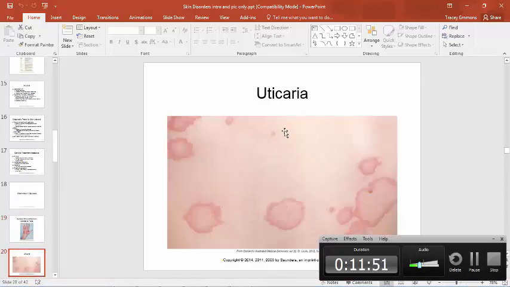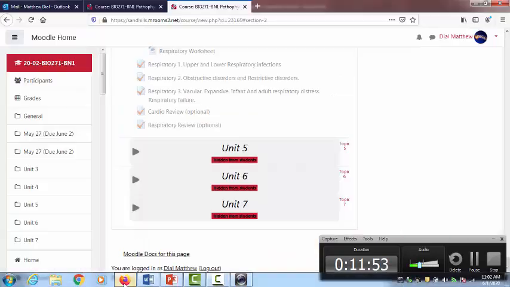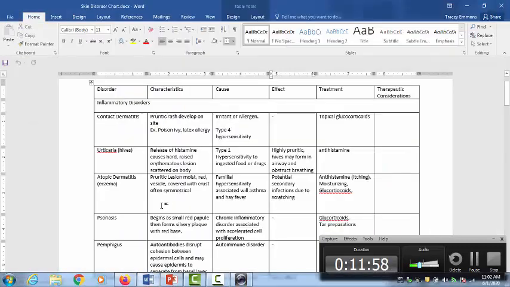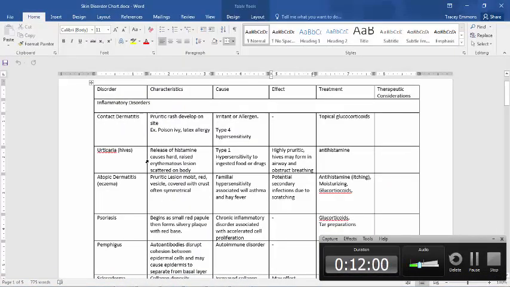Okay, the next up is urticaria. Urticaria is that itching rash here, or hives. Urticaria is a type 1 hypersensitivity caused by an allergen, usually ingested food or drugs, and so it's going to be throughout a lot of the body because it came through our blood, and it causes hives, which are hard, raised erythematous lesions, which means they're pink or red lesions scattered over the body.